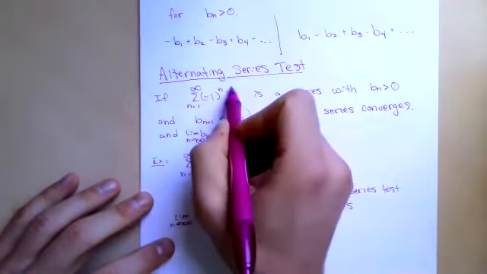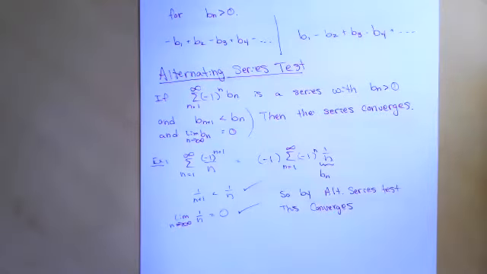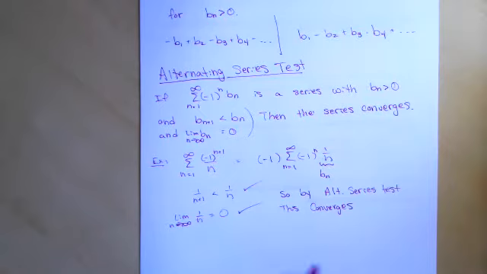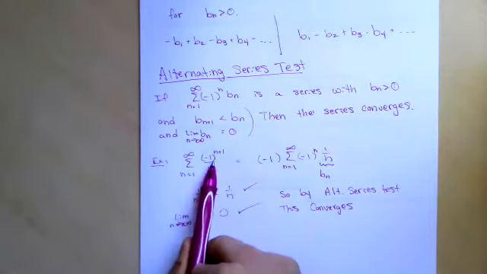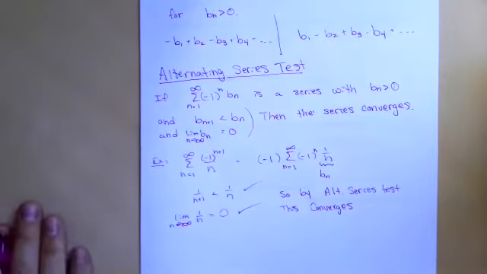And it's only the conditions on this other sequence. So we ignore the plus or minus at first, and only consider what's going on without it. Is it decreasing and does it go to 0? Then if it is alternating, once we add back in the alternating, it'll converge. We're just making sure it's decreasing for that test. Exactly.